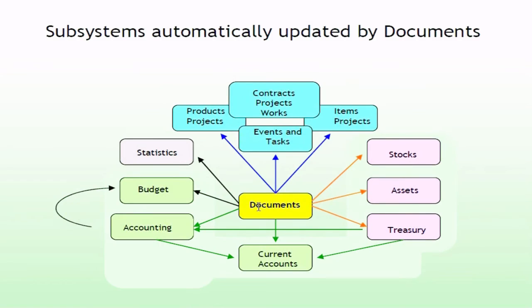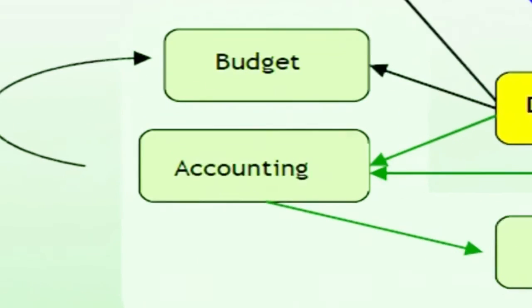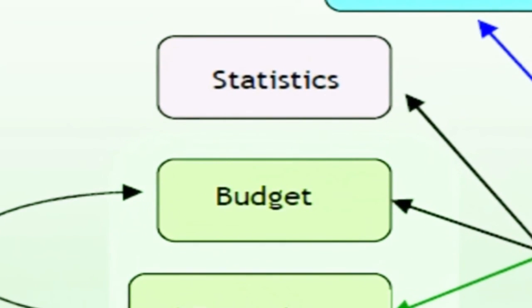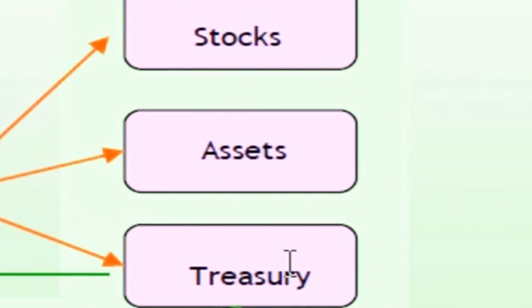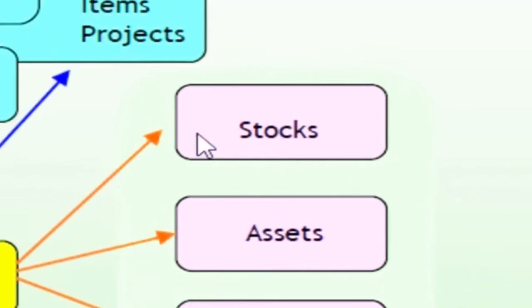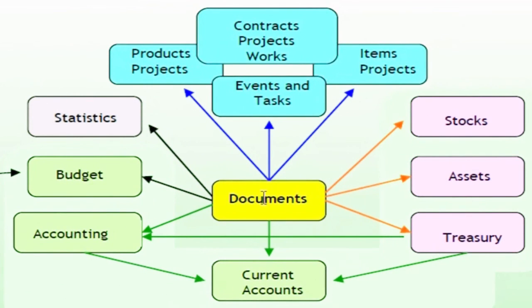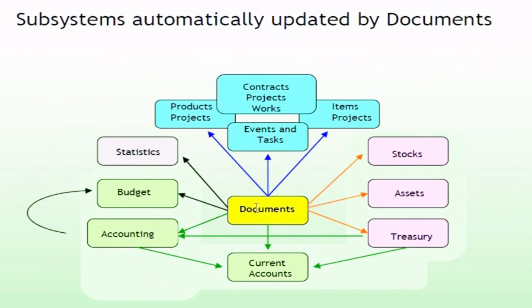The documents are reflected in several subsystems with highlight to accounting, budget, treasury, fixed assets, and stocks. Thus, projects works are also integrated in an ERP logical pattern through associated documents.